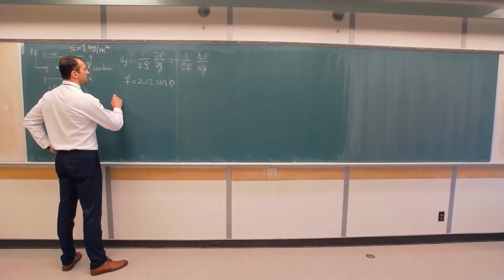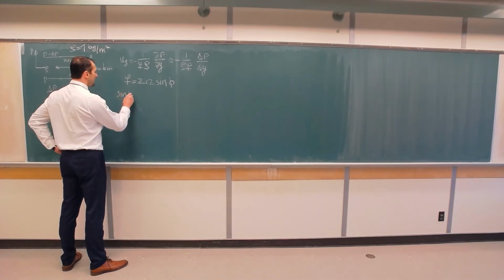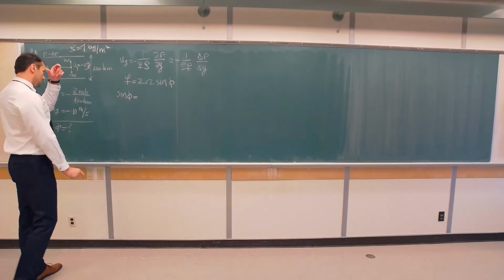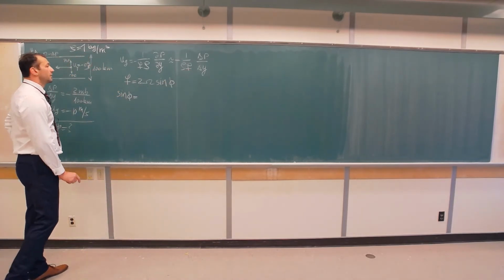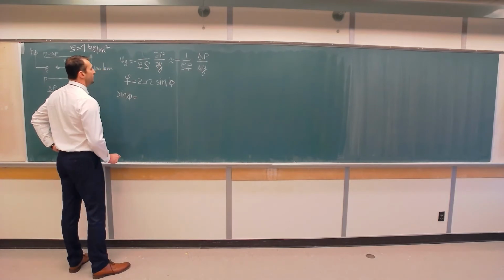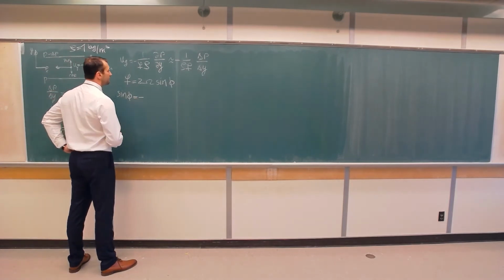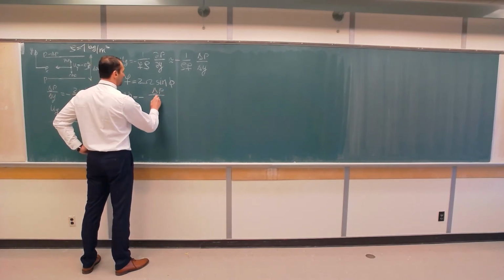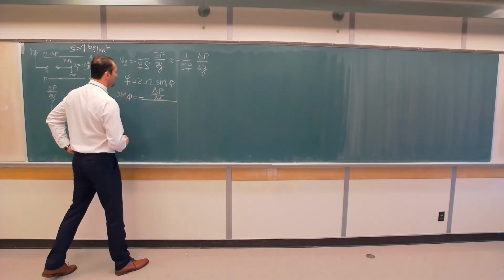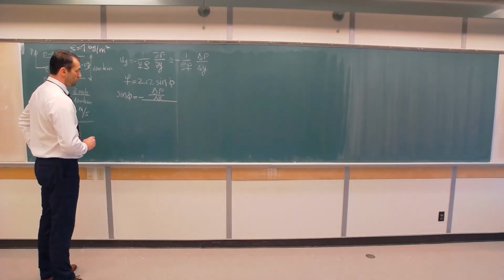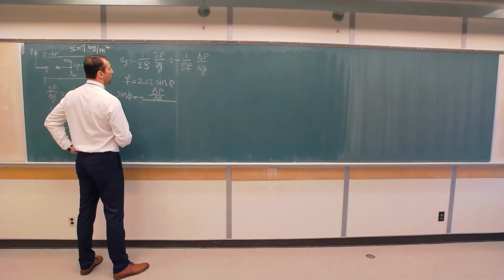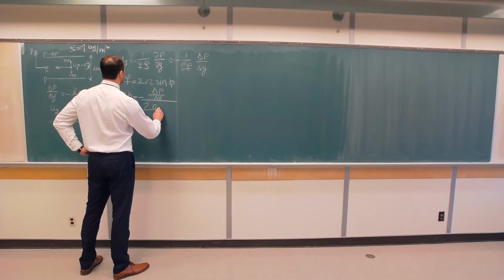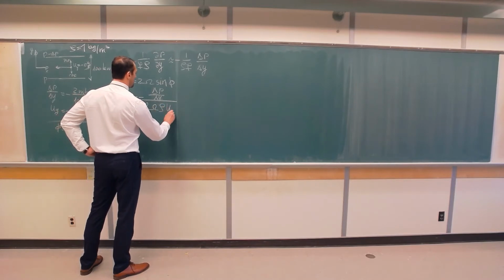So that means that sine phi is equal to, when I plug this in, negative delta P over delta Y divided by 2 omega times rho times UG.